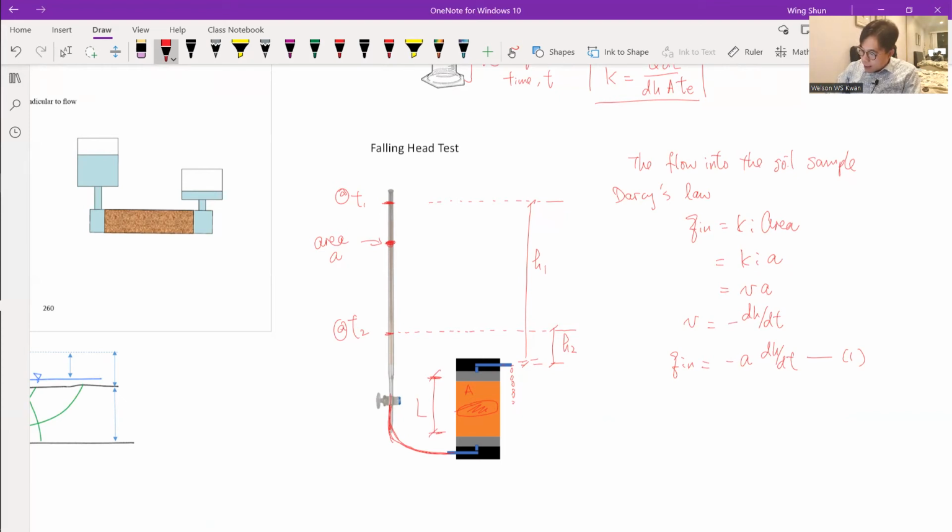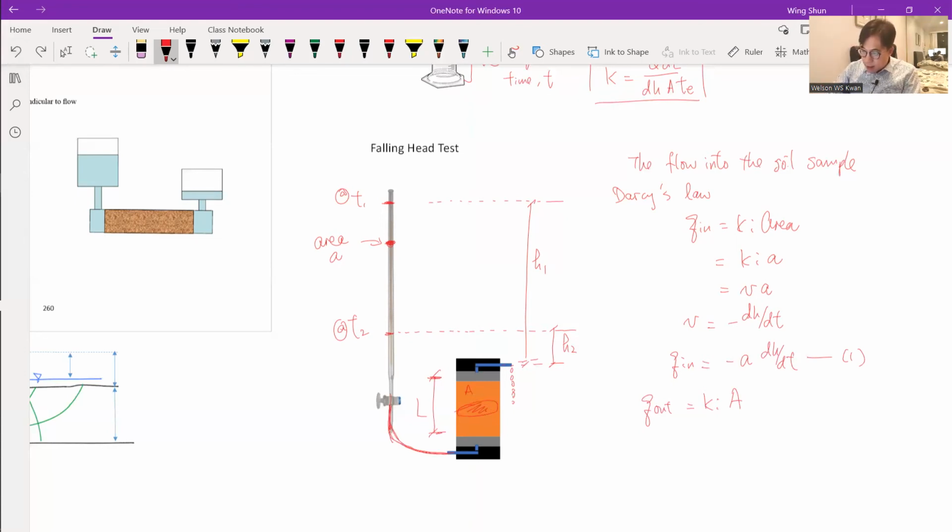And for the water coming out of the soil sample, Q out equals k i A again, and now this A is the capital A, the area of the soil sample.